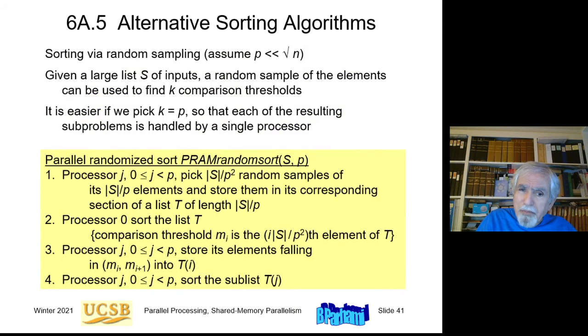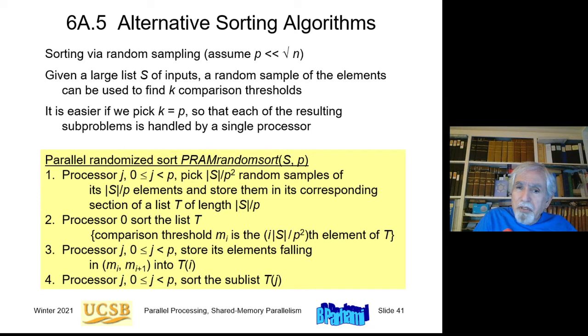Therefore, the performance of this algorithm on average will be very close to n log n over p, where n log n is the sequential sorting time and p is the number of processors. And therefore, it's fairly efficient.